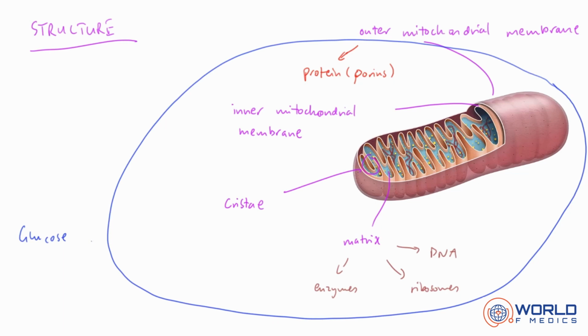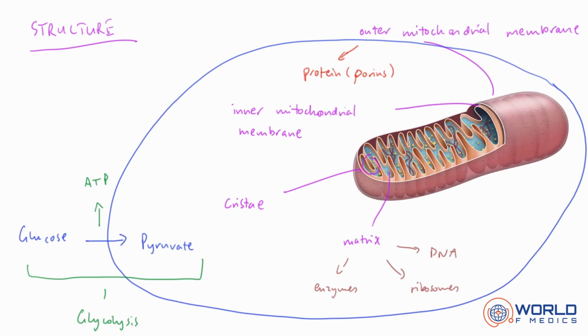And glucose enters a cell and is converted into pyruvate. Pyruvate. And this happens within the cytoplasm. Now this process, called glycolysis, releases a very small amount of ATP. And this process, it doesn't require any oxygen, so it's an anaerobic process.